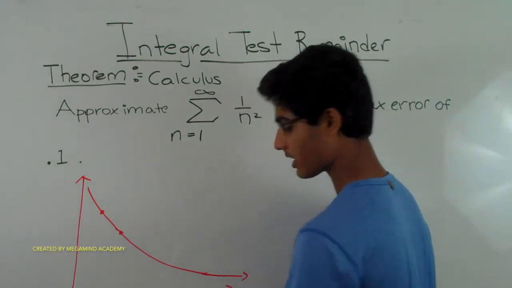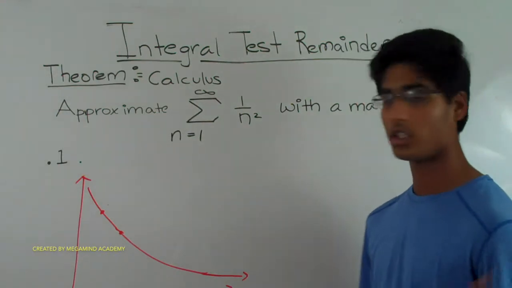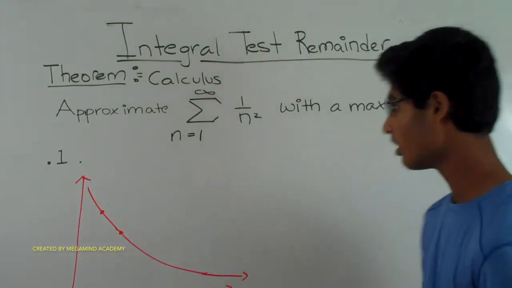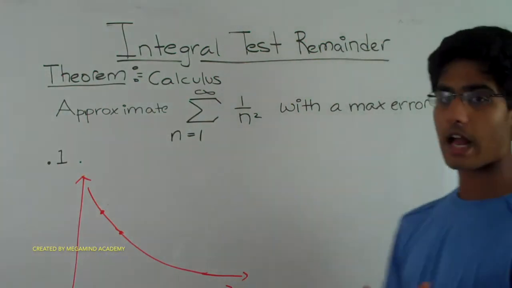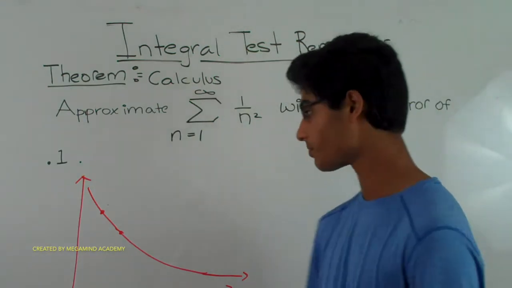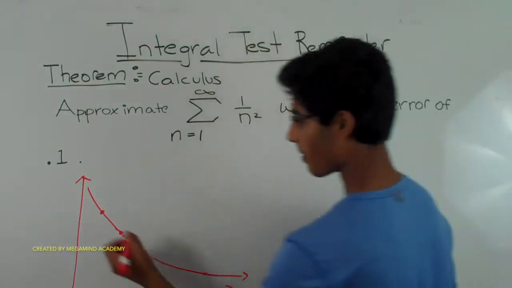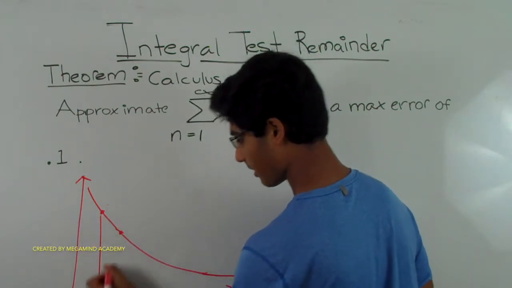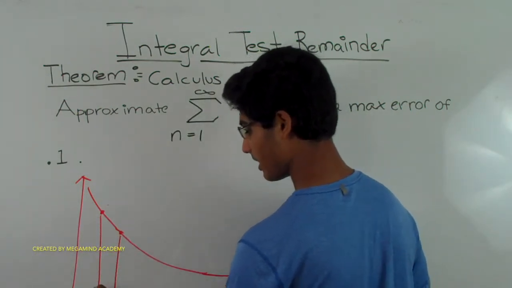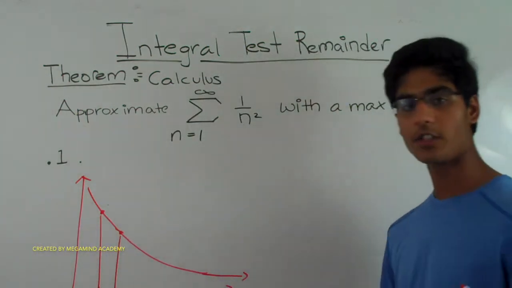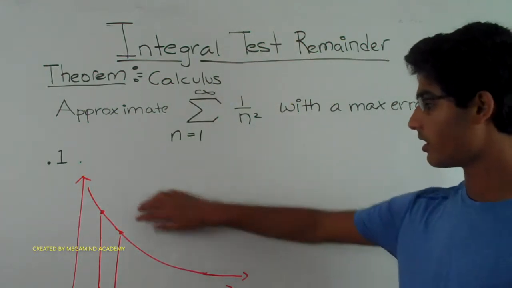Their sums just get closer and closer to an actual value. So let's figure out how to approximate this value. If we took this sum here and added it with this sum, then we'd get the first two sums in the series.